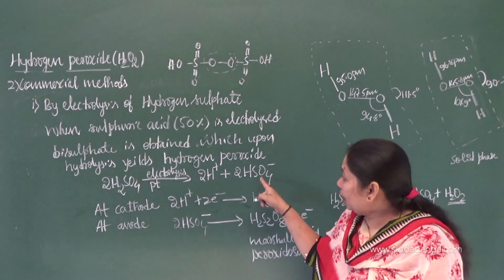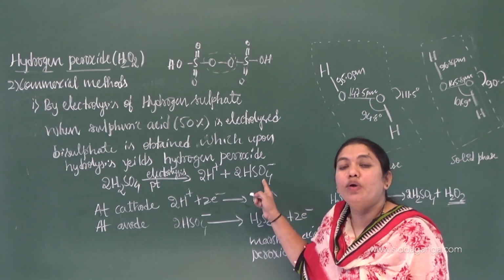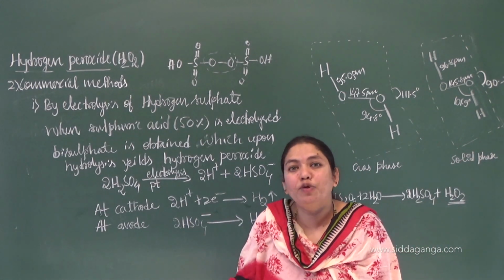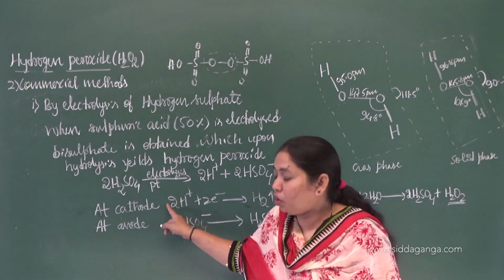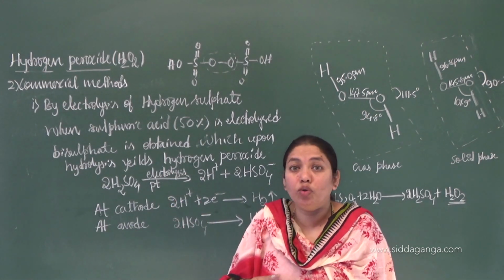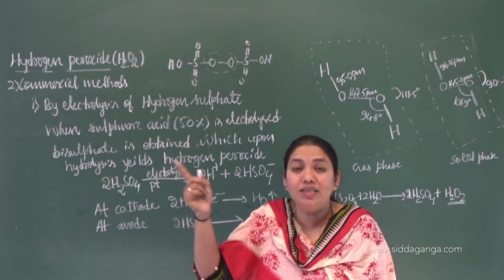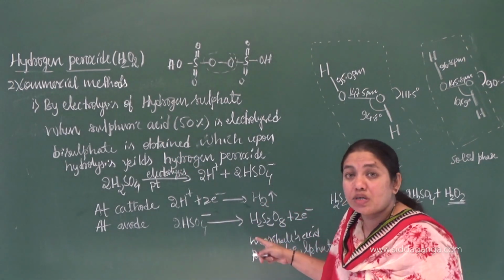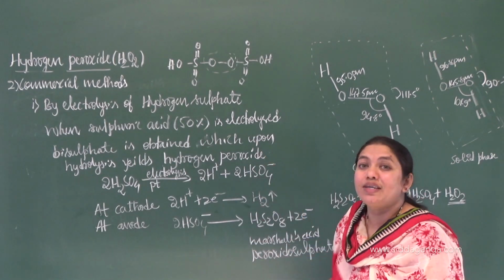That will be converted into hydrogen and oxygen at opposite electrodes, hydrogen at the cathode and oxygen at the anode. Those are the products of electrolysis in case of dilute sulfuric acid, and these are the products if you use concentrated sulfuric acid.